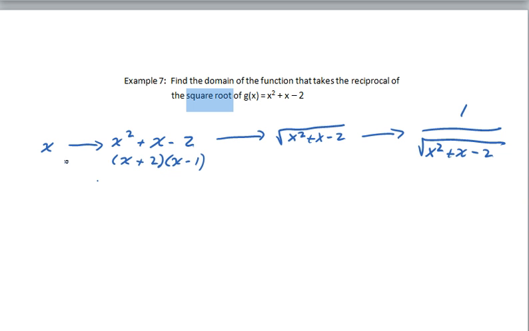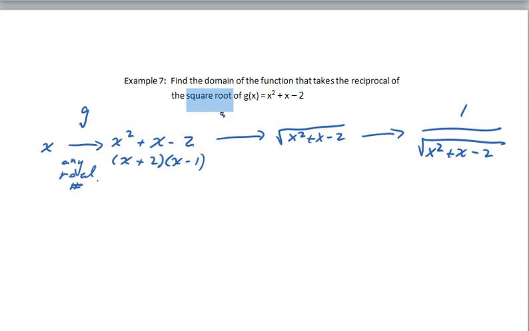So we start out where we can use any real number, since our first function, g, is a polynomial function. But then we get a restriction in the second piece that says that the square root needs to have an input that is restricted to non-negative numbers.